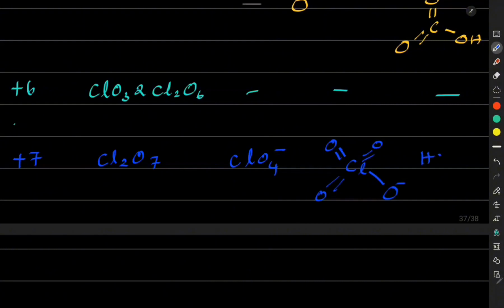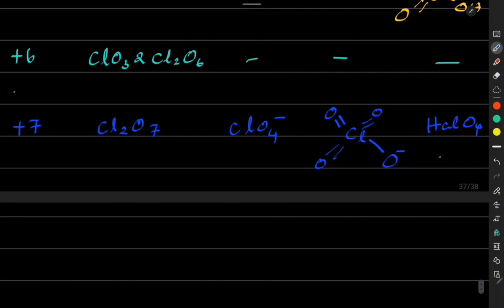The oxo acid is HClO4. The structure is Cl with three double-bonded O and an OH.